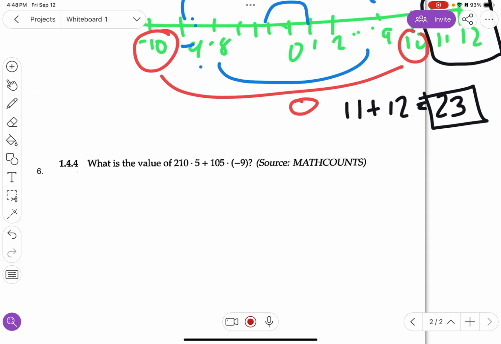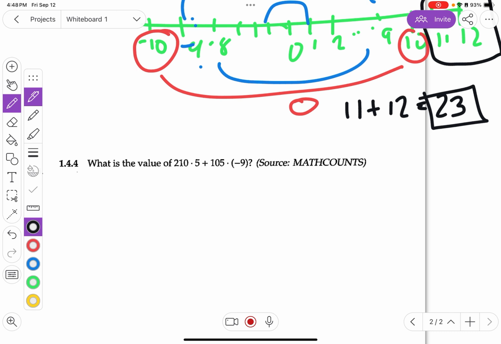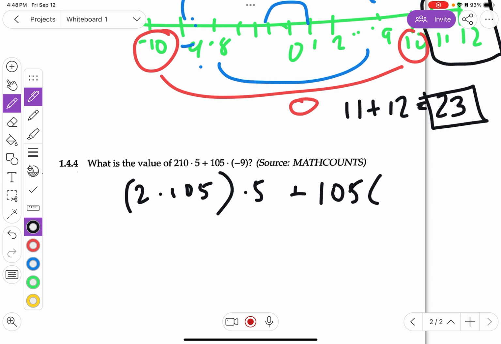So for this one, the last one, the key thing to see is that 105 times 2 is 210. So we're going to try to simplify this. We don't want to multiply anything out. So we'll say 2 times 105 times 5 plus 105 times, okay, you can put the dot there.